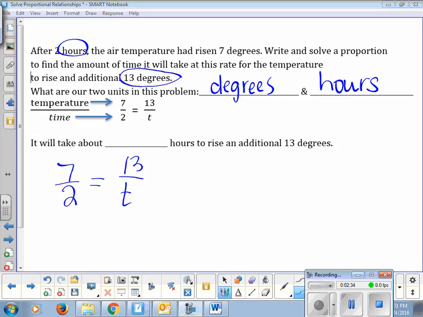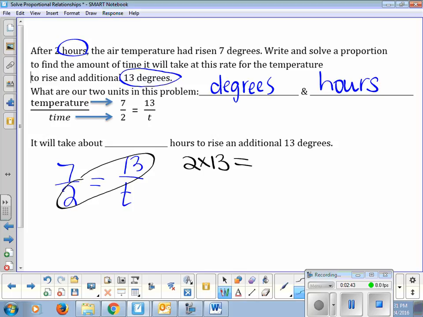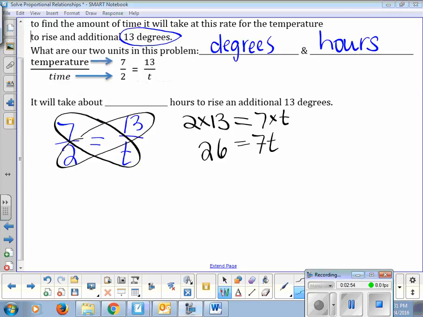When you solve a proportion, you're going to cross multiply, and we multiply 2 times 13, and that equals what? 26. We also have to multiply the other 2, 7 times t, which equals 7t. How do we undo or get rid of this 7 in front of t?